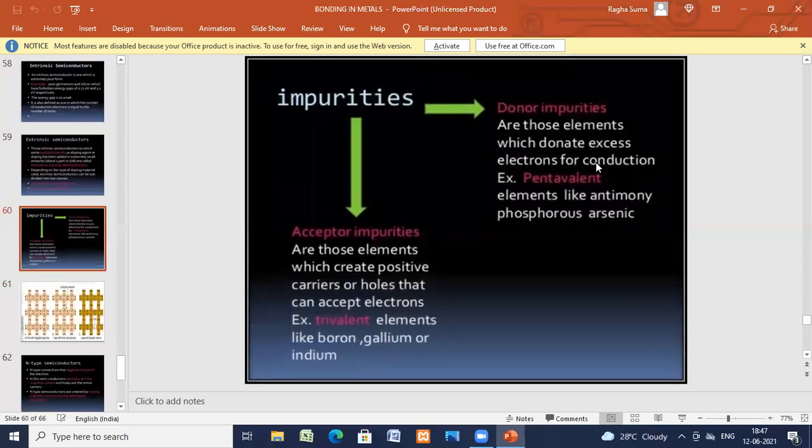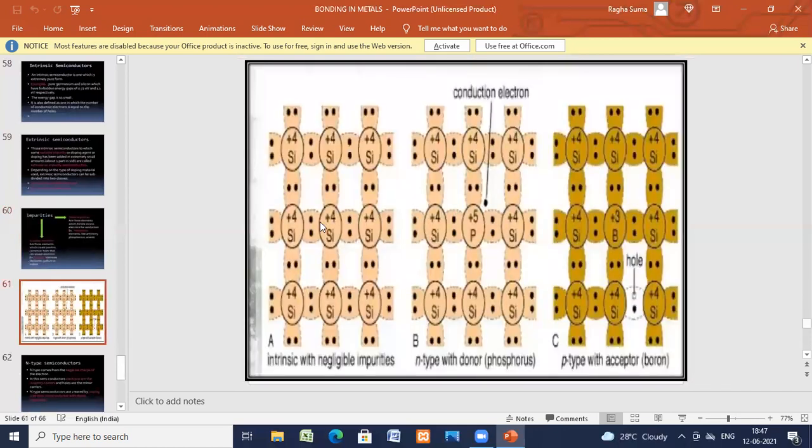Actually the valence electrons are 4, but in place of 4, phosphorus, atomic number 15, has 5 valence electrons. So 1 electron is left extra, and that 1 electron keeps on moving around in the crystal. This is N-type with donor phosphorus.